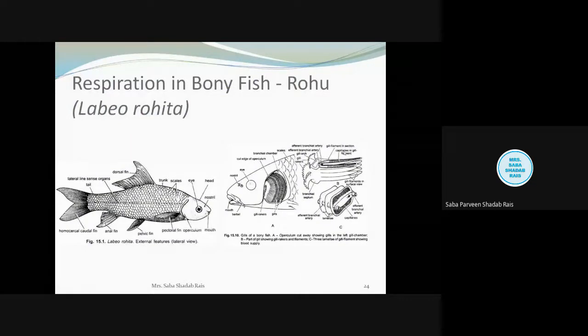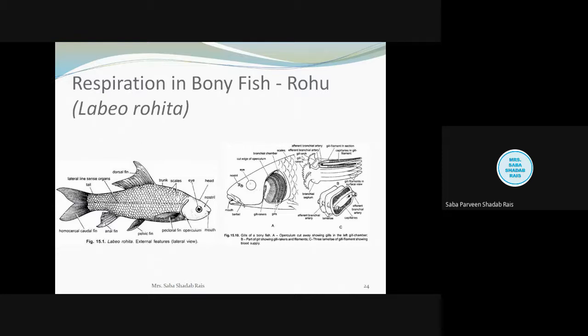Now when we talk about the secondary lamella, they are again highly vascular, and you can see they run parallel to each other. When we talk about the flow, the flow of water is going to be parallel. The direction of blood flow in the capillary is definitely opposite to the water.